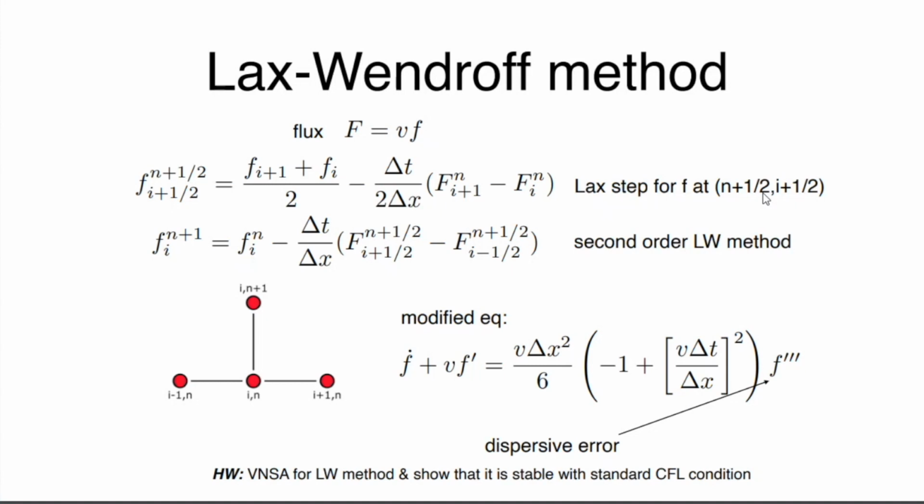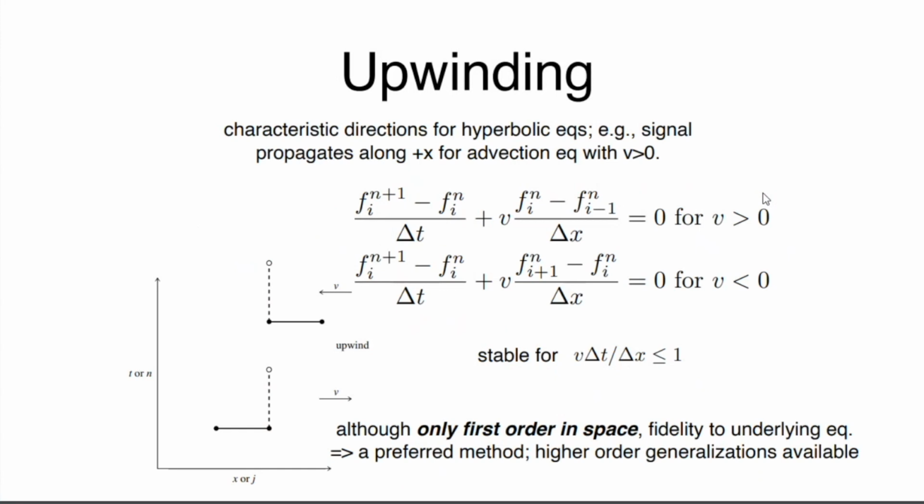This is the idea of upwinding: if you are solving the advection equation, if v is greater than 0, then you should really use this difference, f i minus f i minus 1 divided by delta x. If v is negative, as in this case, then you should use f i plus 1 minus f i divided by delta x. This incorporates the fact that information travels in the right direction.